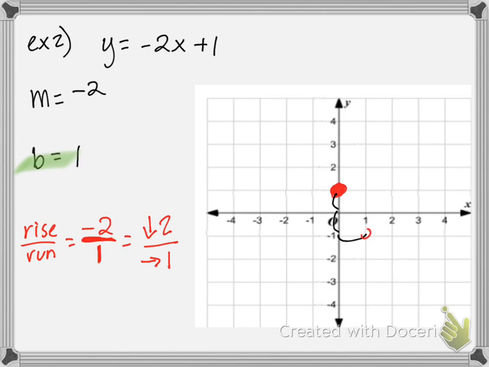That's going to be my next point. Go down 2 again, over 1. And down 2, over 1. That is my line. Okay, go ahead and put arrows. And that's your line for y equals negative 2x plus 1.